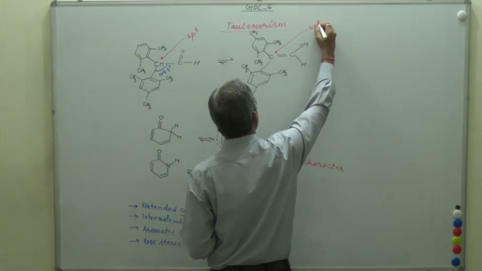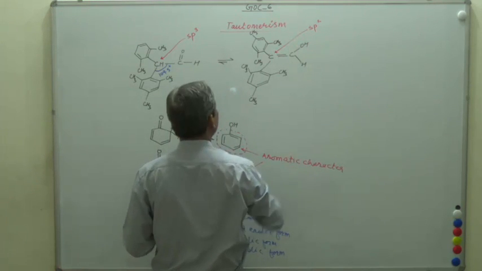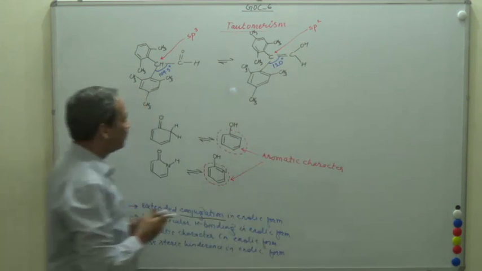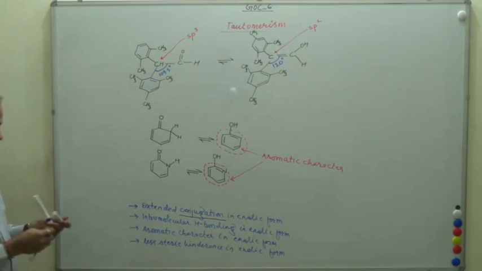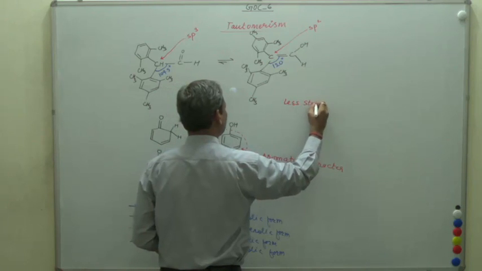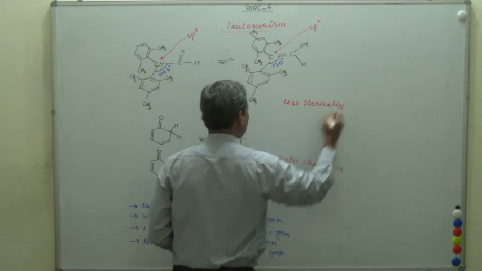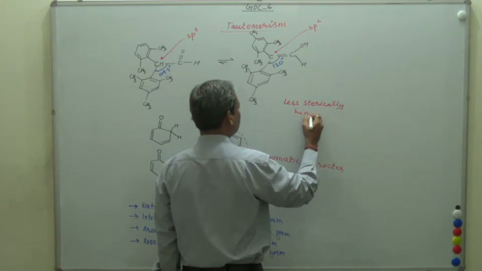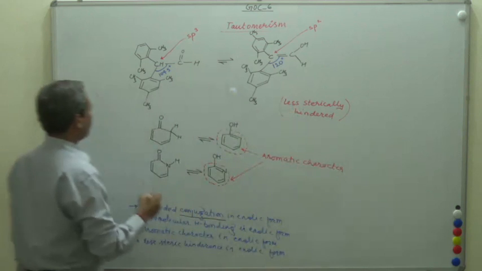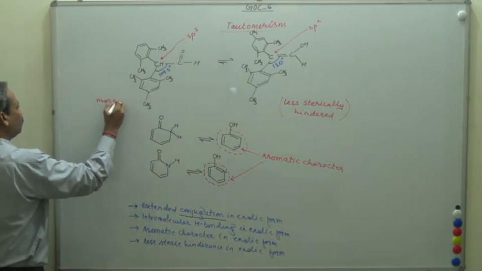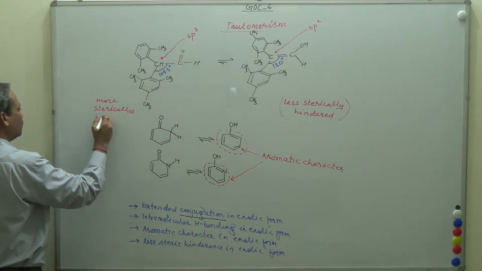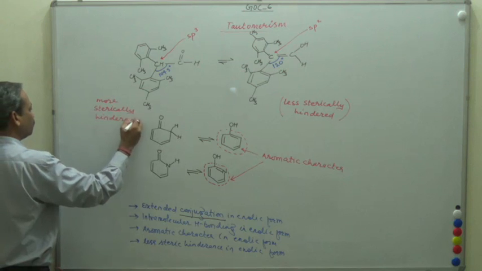This carbon atom is sp2 hybridized, and sp2 hybridization results in an increase in angle. So this angle will become 120 degrees. So this is less sterically hindered, while this is a more sterically hindered compound.